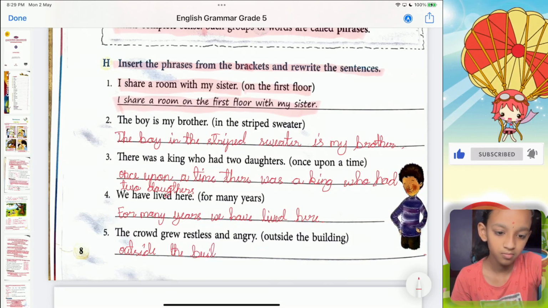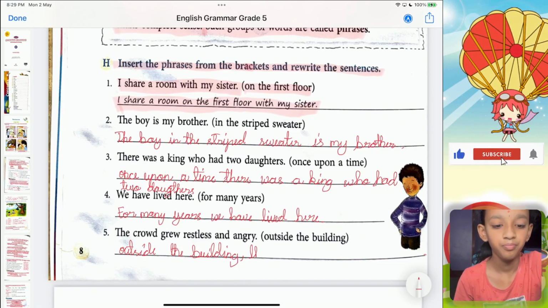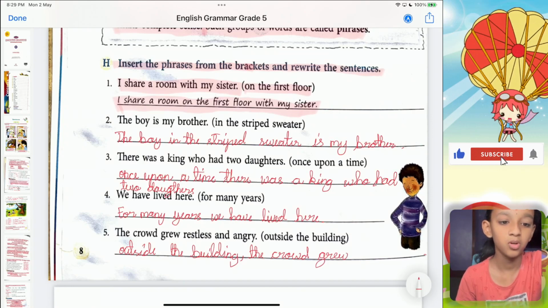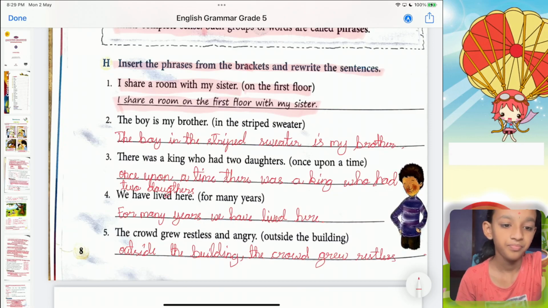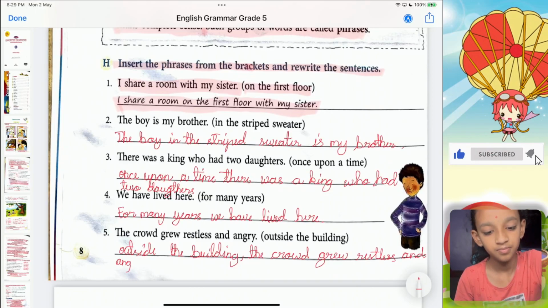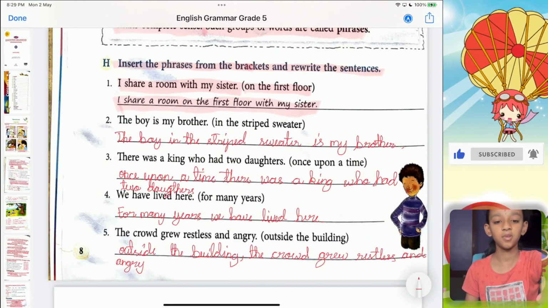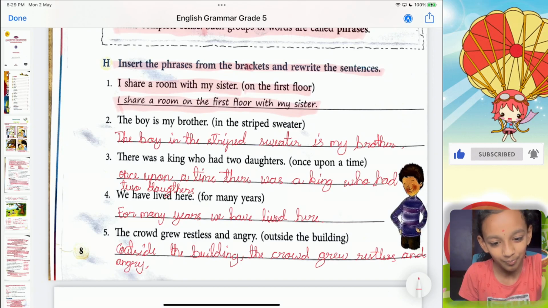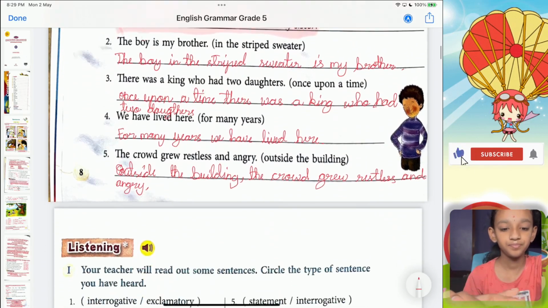Then the crowd grew restless and angry. Put a full stop. Again, outside doesn't start with a capital letter, that's fine. Okay. Next one.